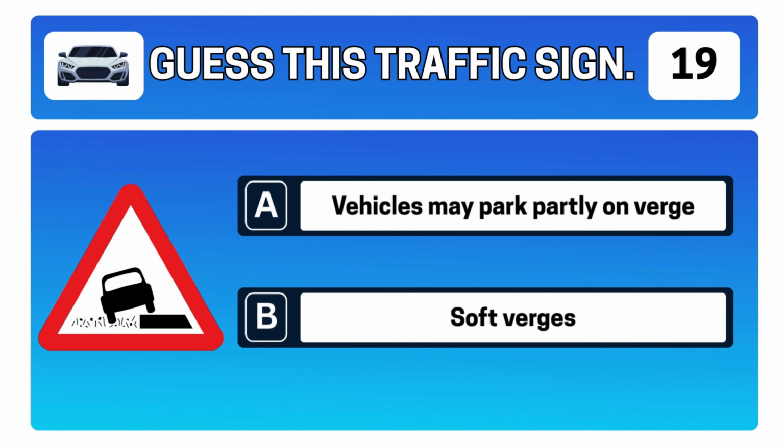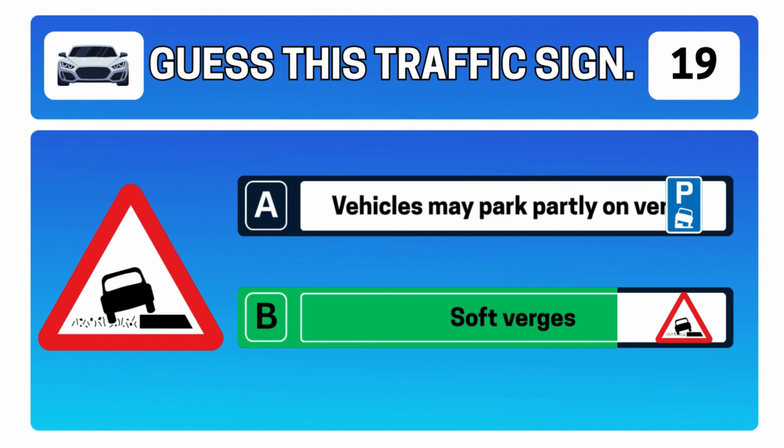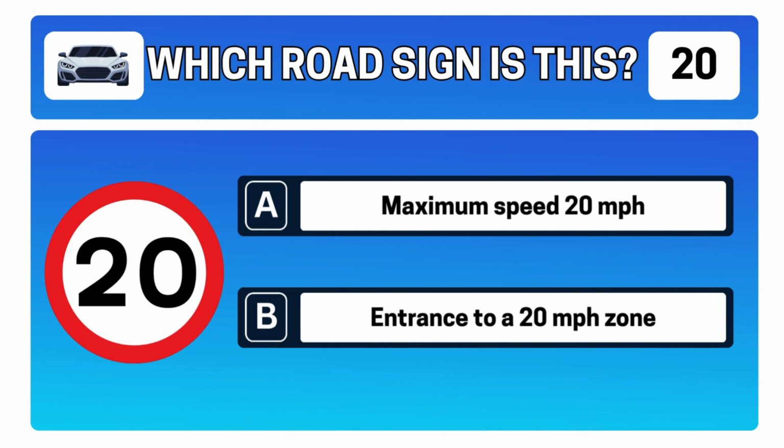Guess this traffic sign. A. Vehicles may park partly on verge. B. Soft verges. Exactly. It is the soft verges sign. Which road sign is this? A. Maximum speed 20 miles per hour. B. Entrance to a 20 mile per hour zone.